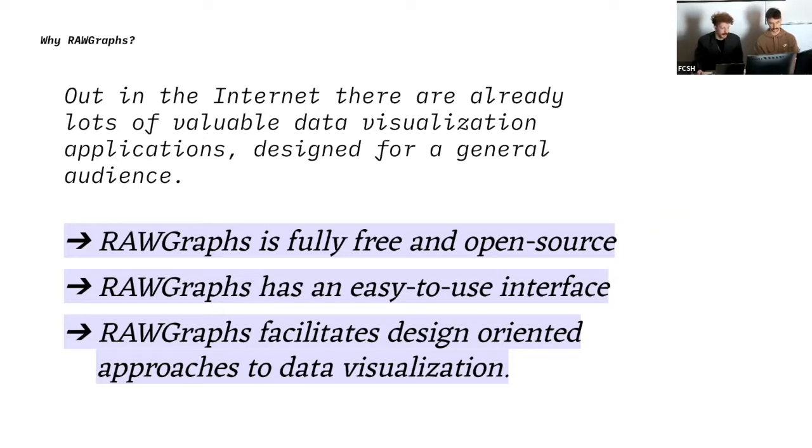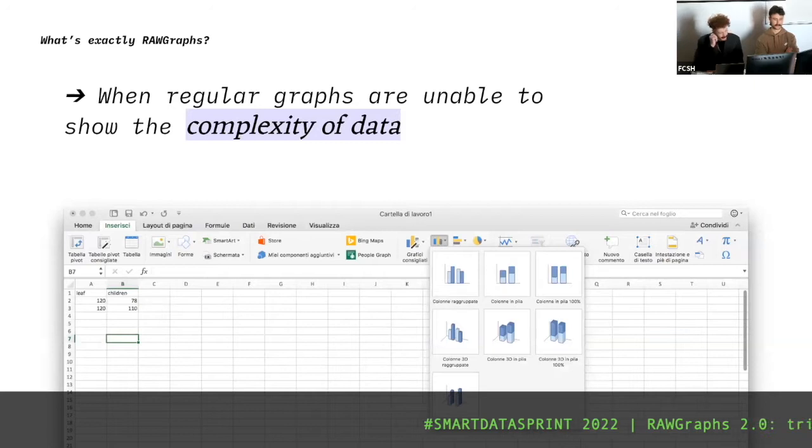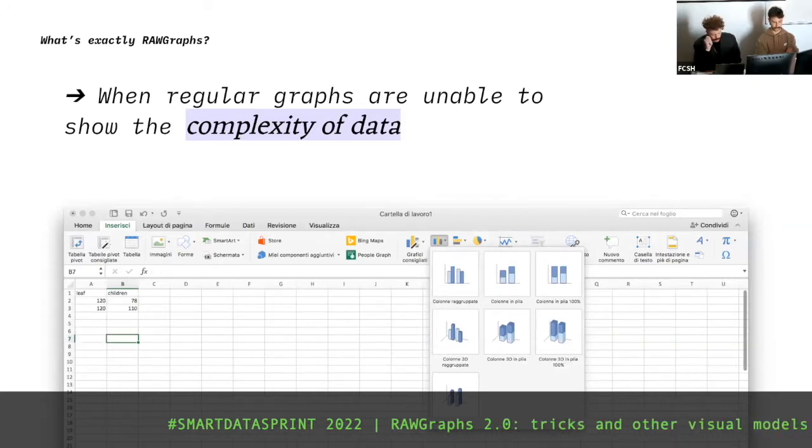It has an easy to use interface that we spent a lot of time to develop, and it's also a good thing because it facilitates the design-oriented approach to data visualization, so that as designers we are a little bit happier about it. It's important to use RAWGraph to show the complexity of data.